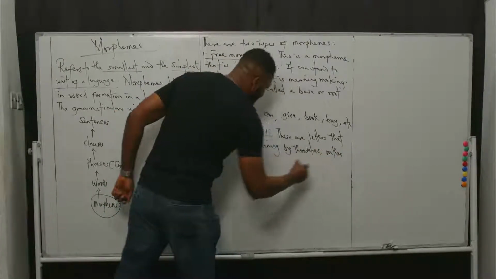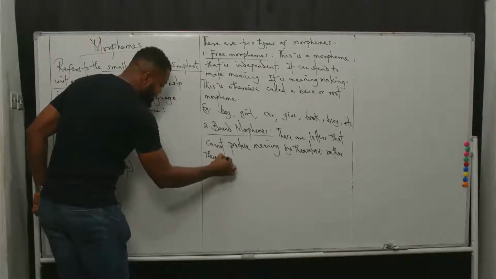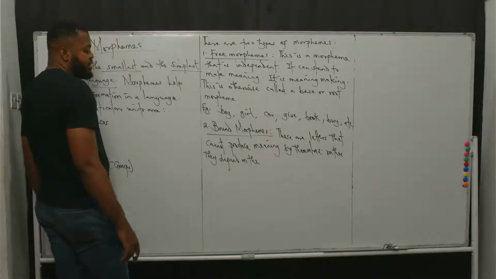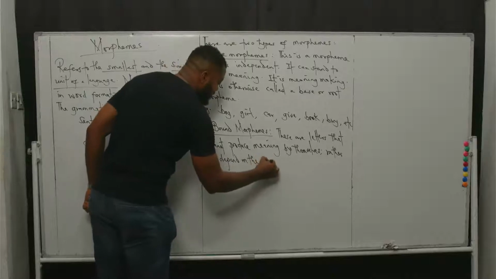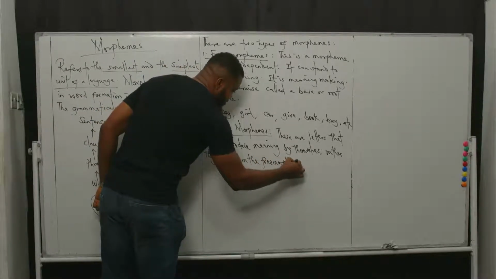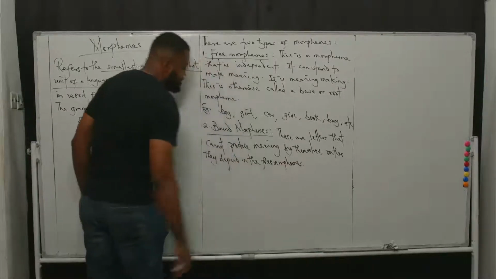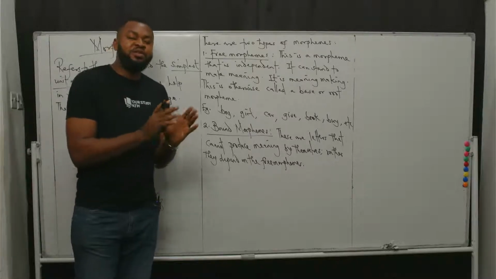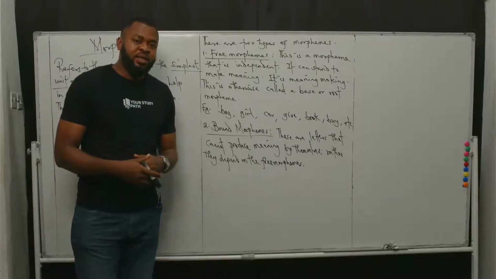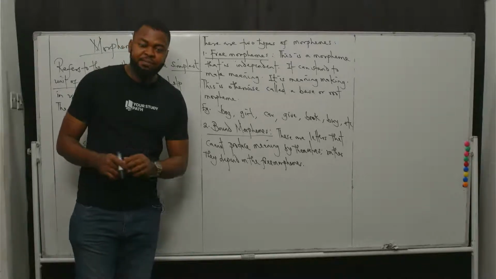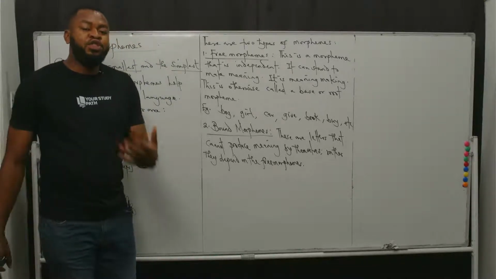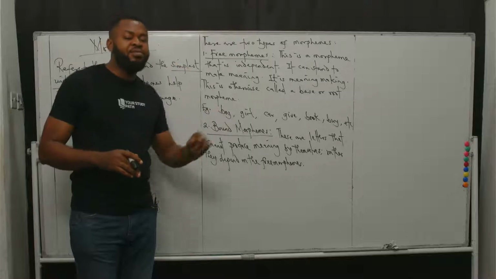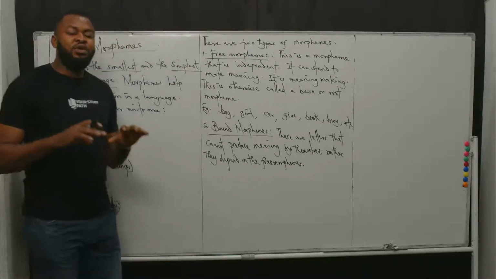Rather, they depend on the free morphemes for the actualization of meanings. So they basically depend on the free morphemes in order to actualize meaning. Bound morphemes are not meaning making. They're not capable of producing meaning. Rather, all bound morphemes would depend on the free morphemes for the actualization of meaning.